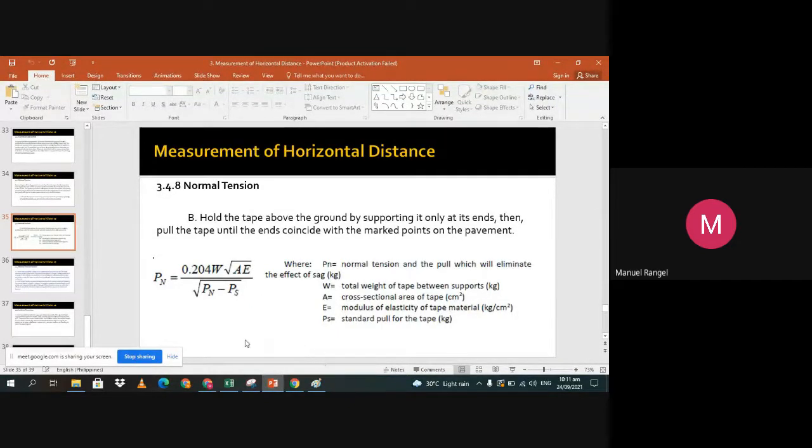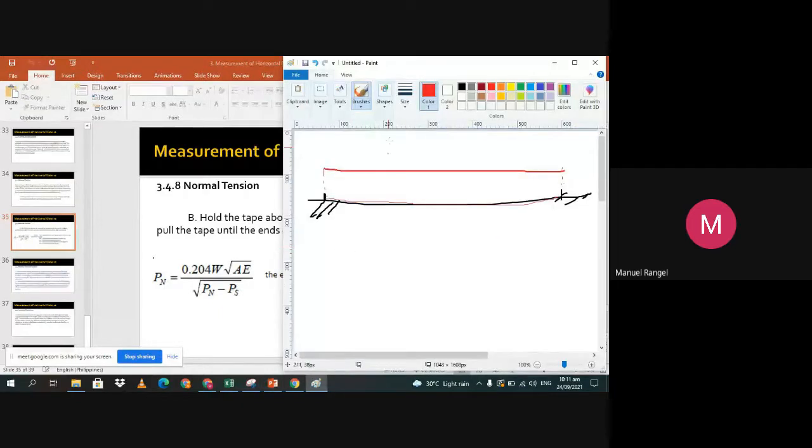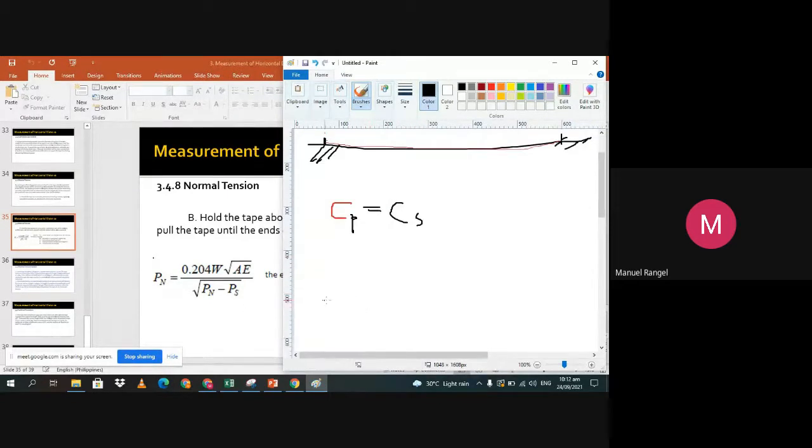So by equating those formulas, na-normalize naman ang tension is equal to CS. So by equating these two equations, we can come up with this normal tension formula.